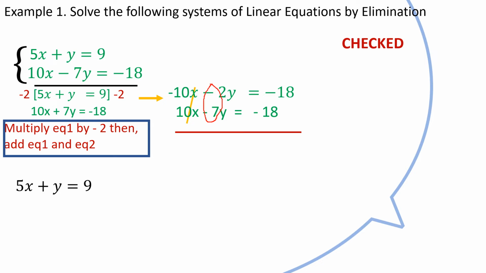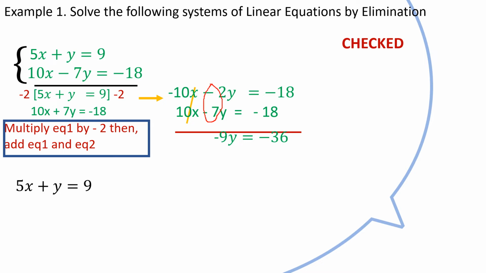As also, dito sa right side, since parehas pa rin kanilang sign, we just simply add that two numbers and copy the sign. And therefore, we have 2 plus 7, that is equals to 9, and 18 plus 18, that is equals to 36. Same negative po sila. Alright?